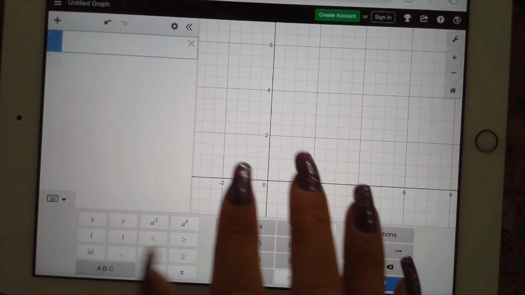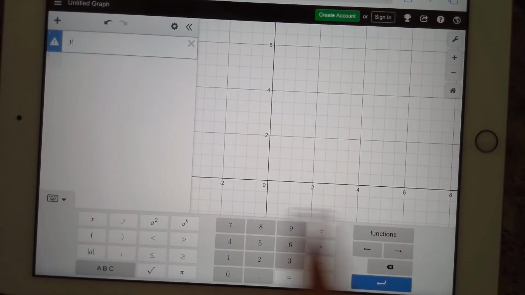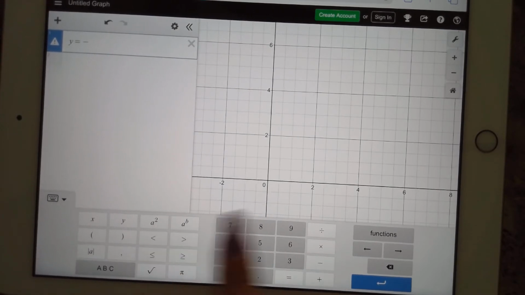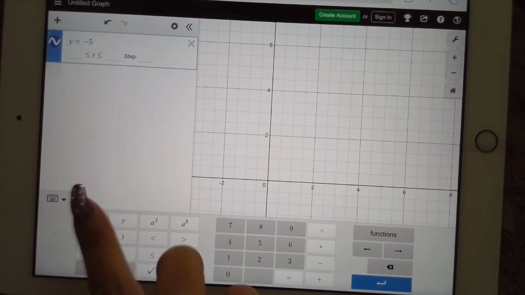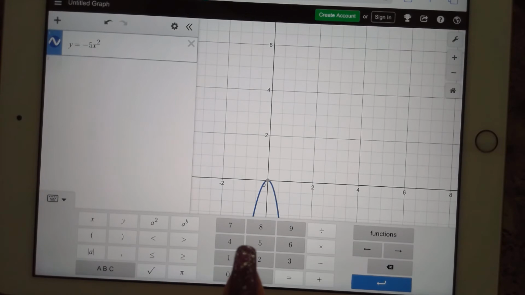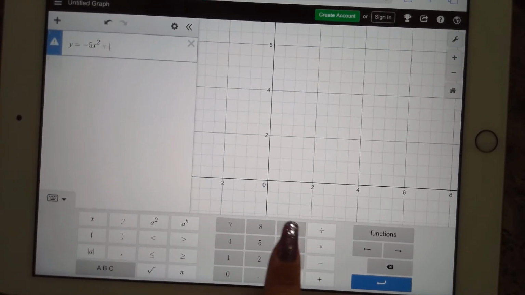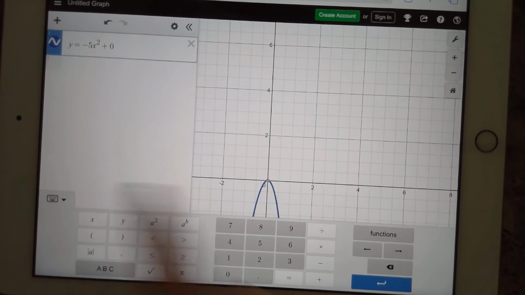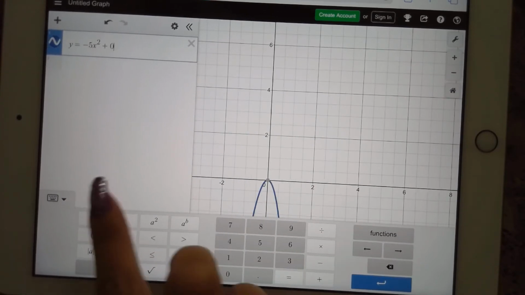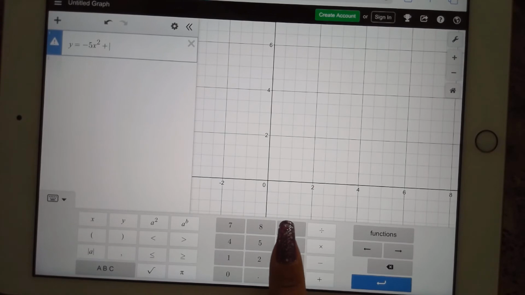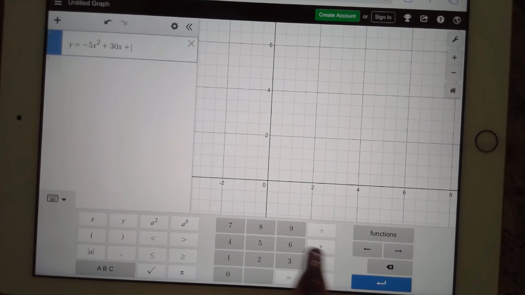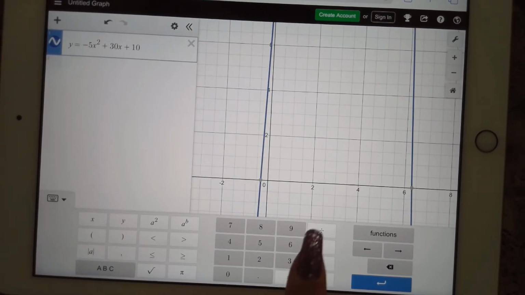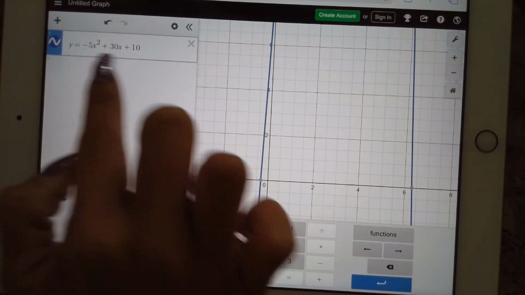So y equals negative 5x squared plus 30x plus 10. Sorry guys, I'm trying to type this. There we go. All right, it's in there.